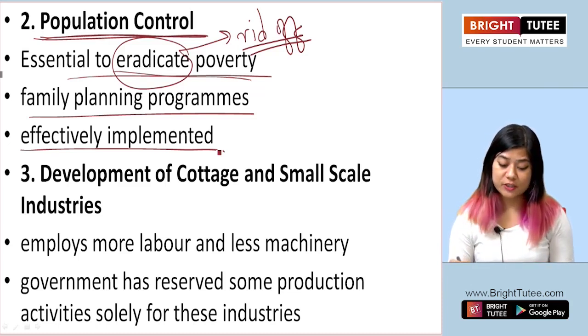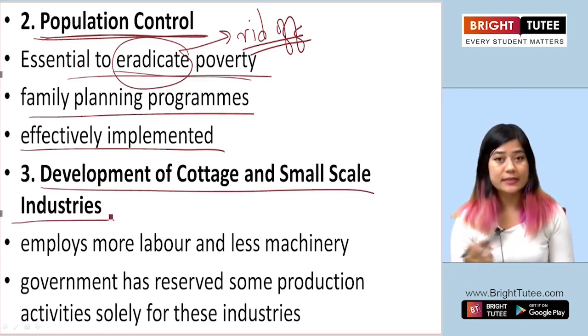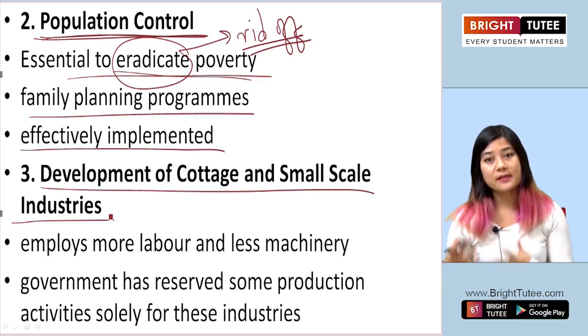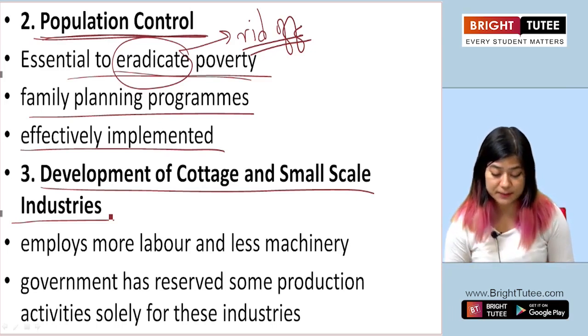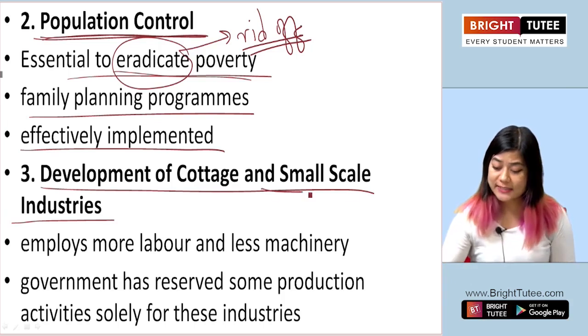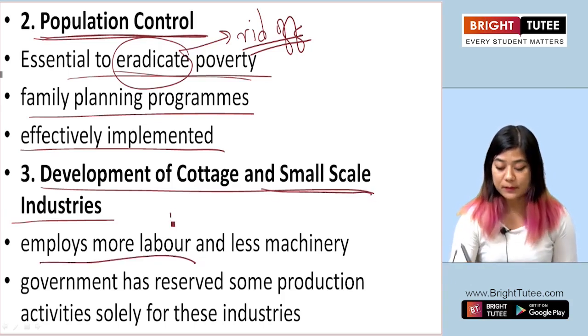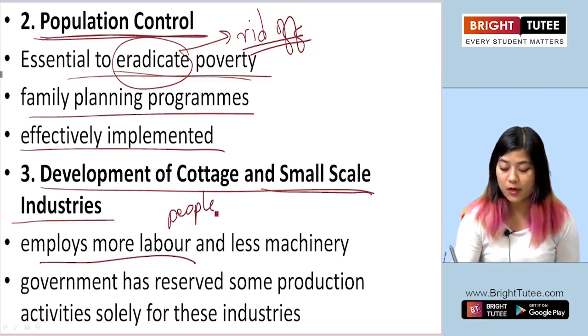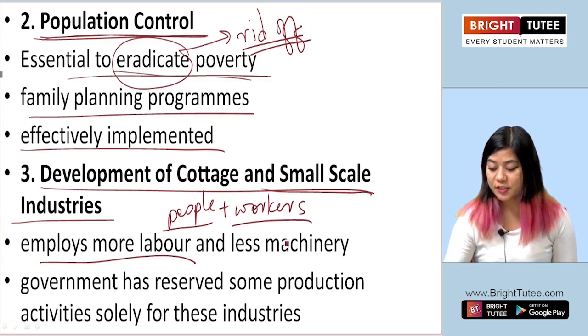The third measure is development of cottage and small scale industries. By also encouraging, supporting and developing small scale industries, we can control or we can prevent poverty. Now, small scale industries employ more labor, more people, more workers and less machineries.